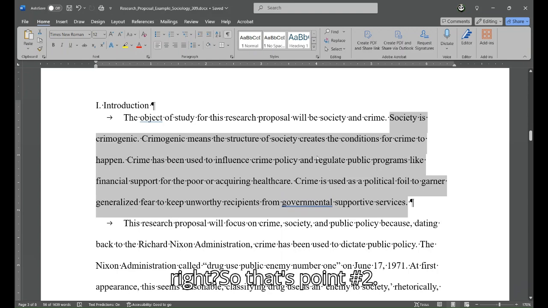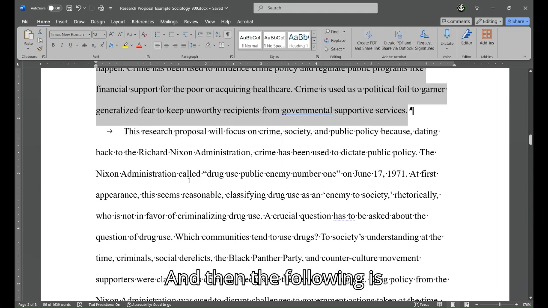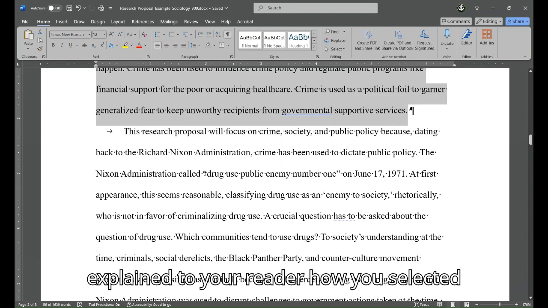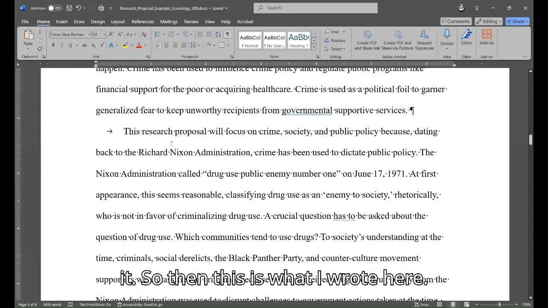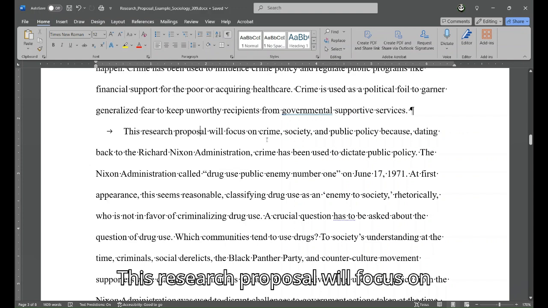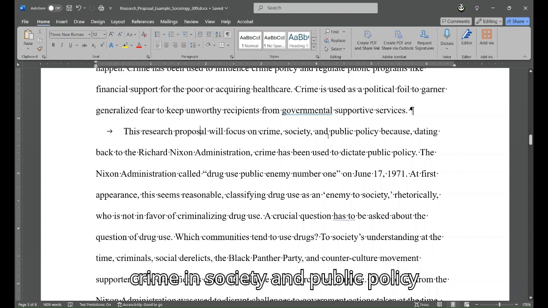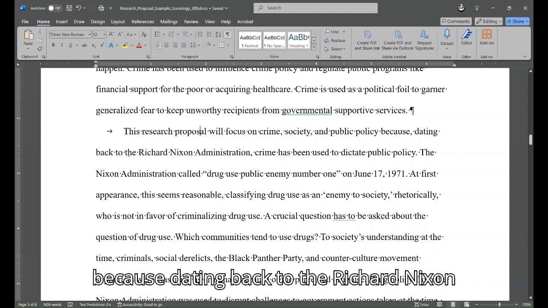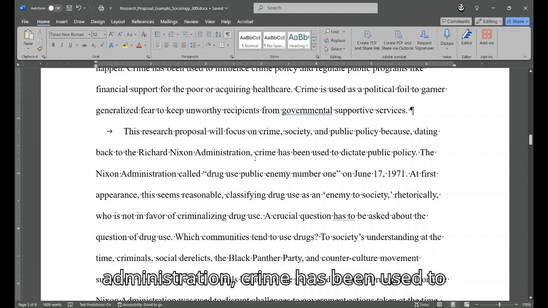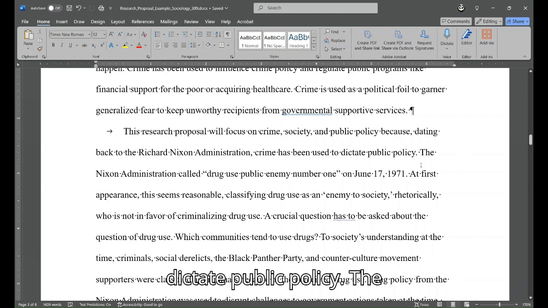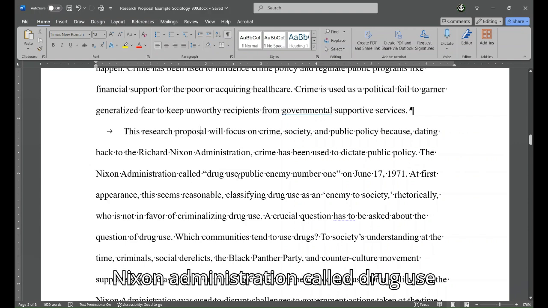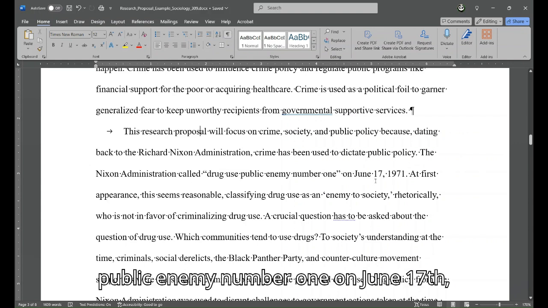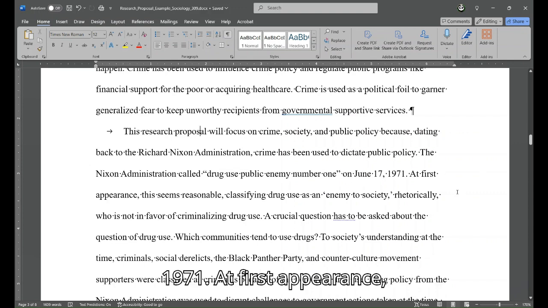So that's point number 2, and the following is explain to your reader how you selected it. So this is what I wrote here. This research proposal will focus on crime in society and public policy because, dating back to the Richard Nixon administration, crime has been used to dictate public policy. The Nixon administration called drug use public enemy number 1 on June 17th, 1971.